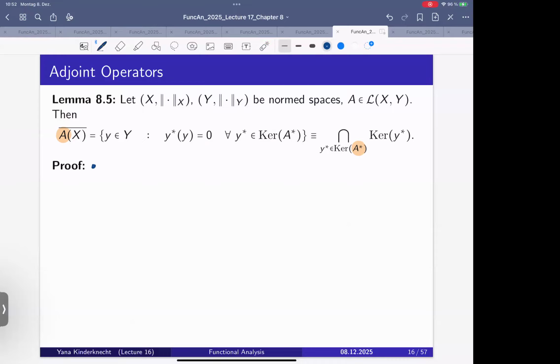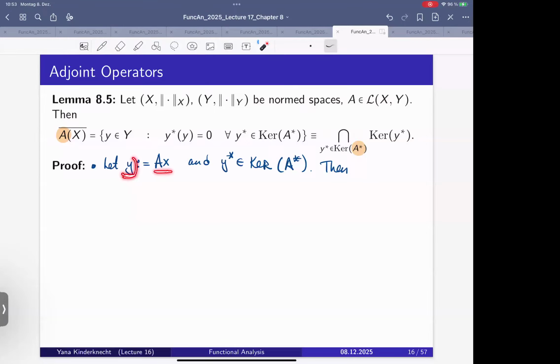First step: let y be equal to Ax, and let y star belong to the kernel of A star. What does it mean that y is equal to Ax?